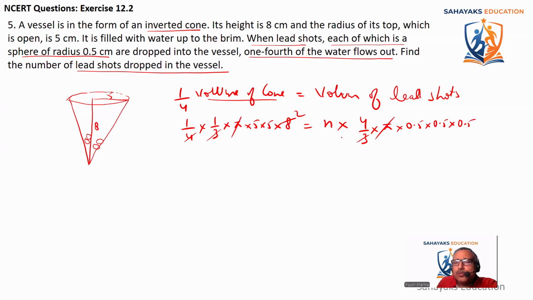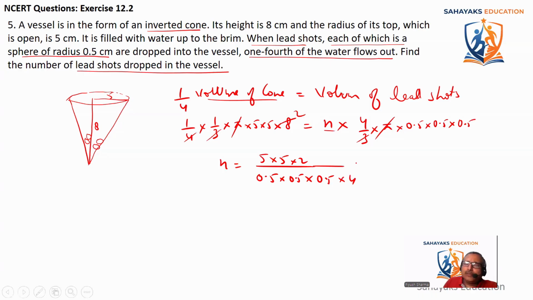Okay. Now, what is the value of n? n is equal to 5 into 5 into 2 divided by 0.5 into 0.5 into 0.5 into 4. This is something which you have to find out.